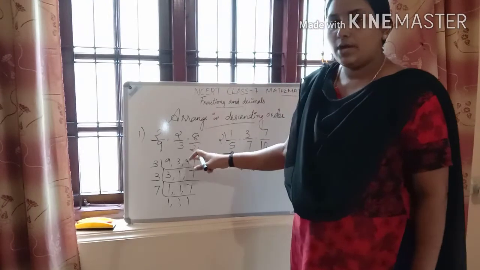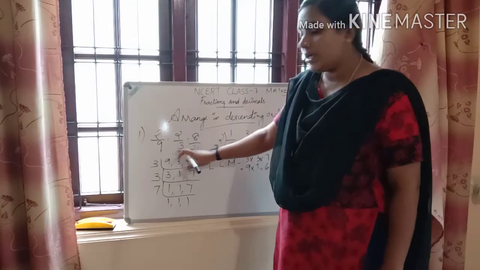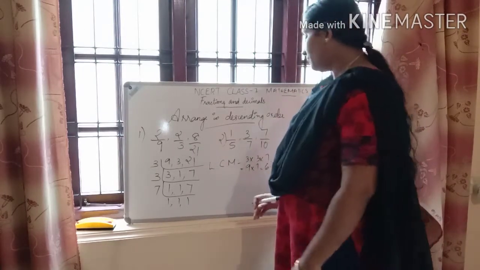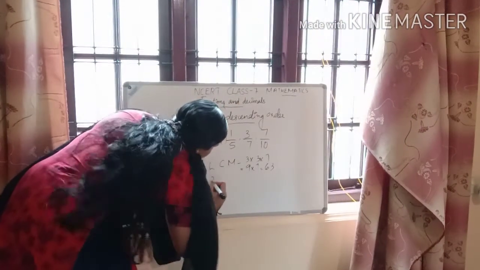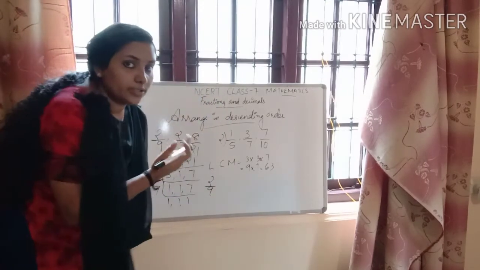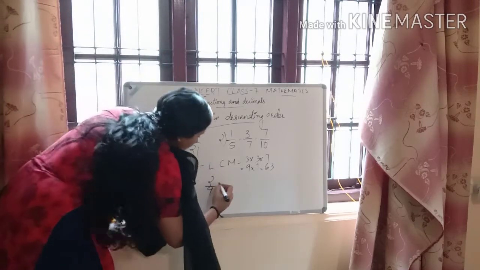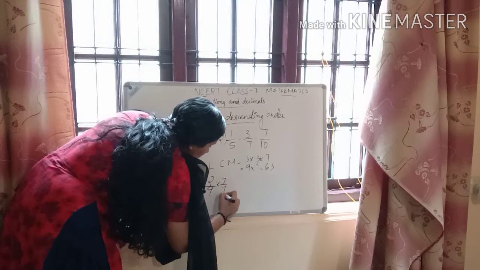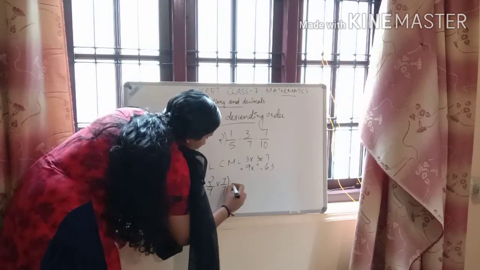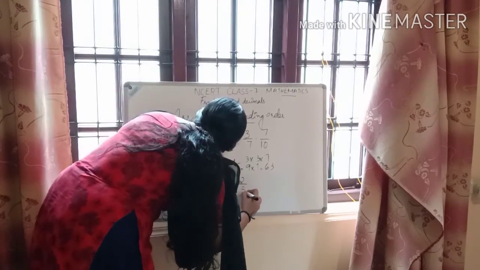So we have to convert each and every denominator to 63. So 2 by 9. In order to convert this 9 to 63, we have to multiply and divide by 7. Next, 2 by 3.